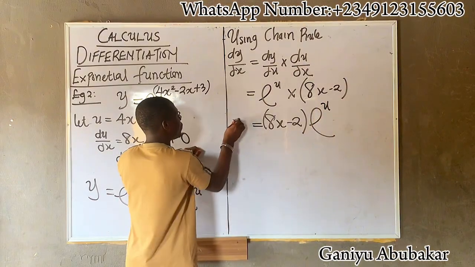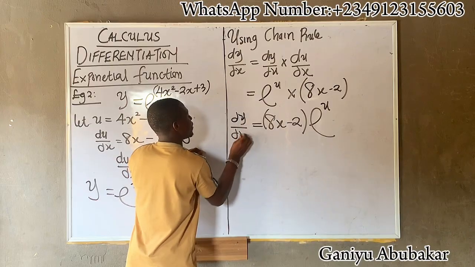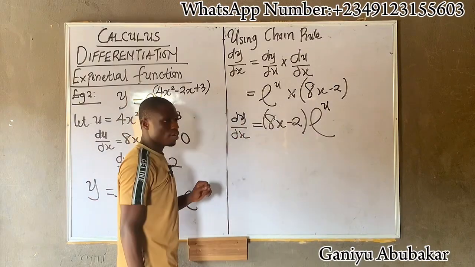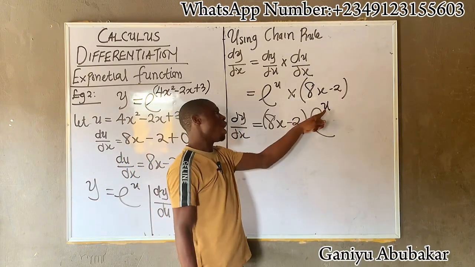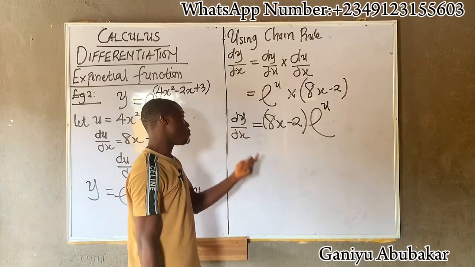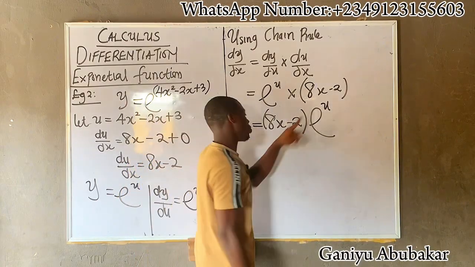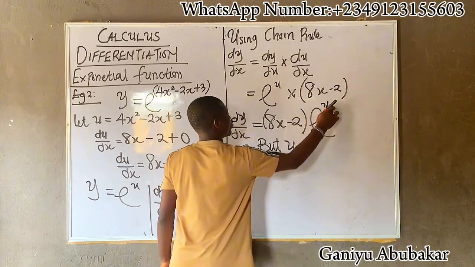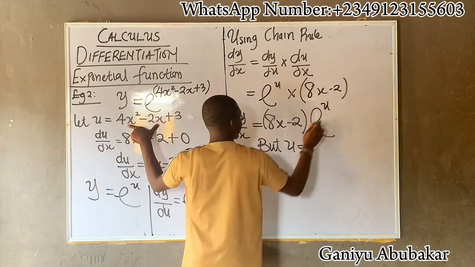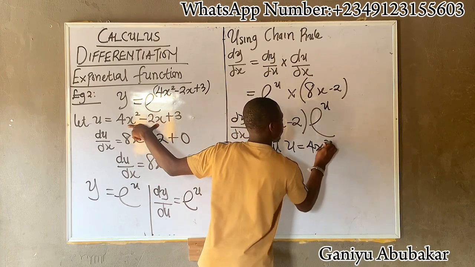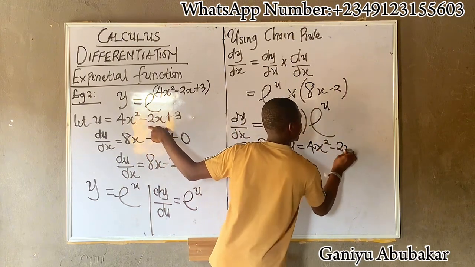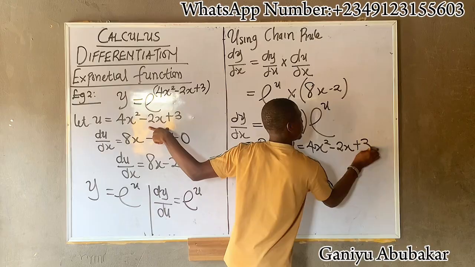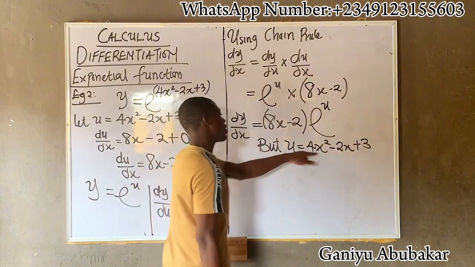So I should have the dy over dx value as this. But here's the concept: this is u, and I can express u in terms of x. This u was initially 4x squared minus 2x plus 3, so I'll plug this in here.